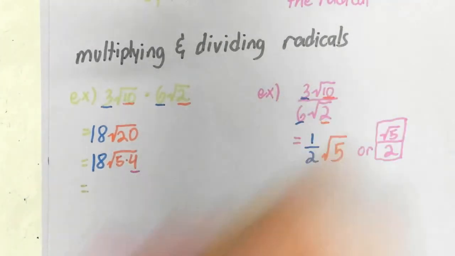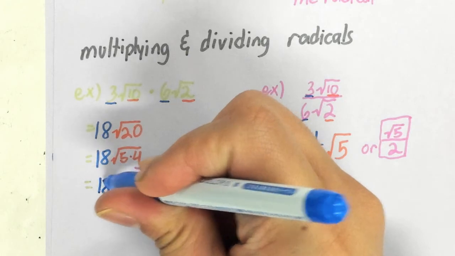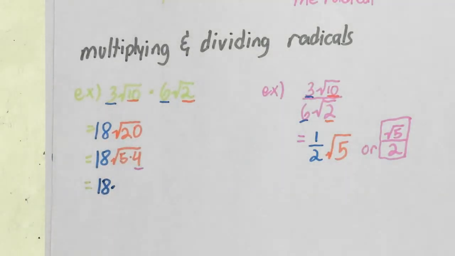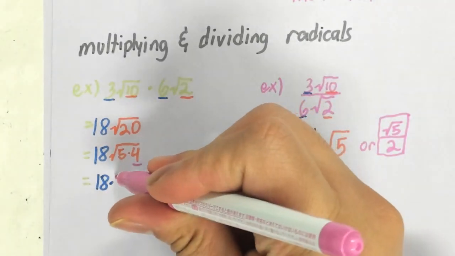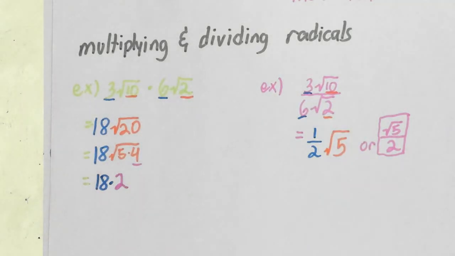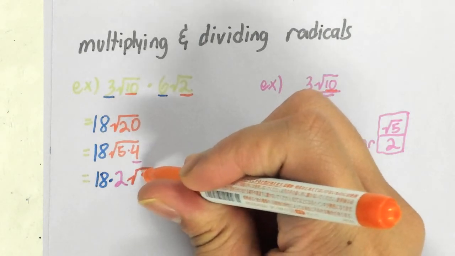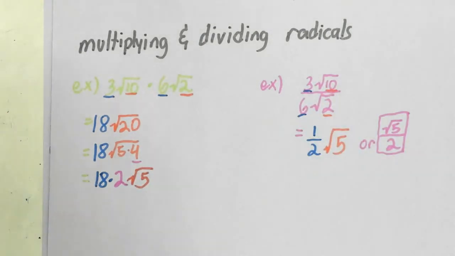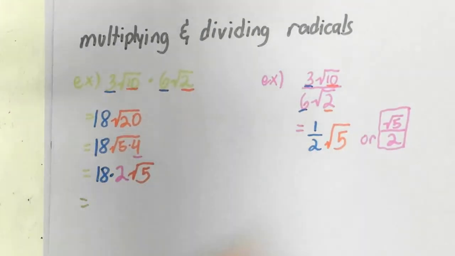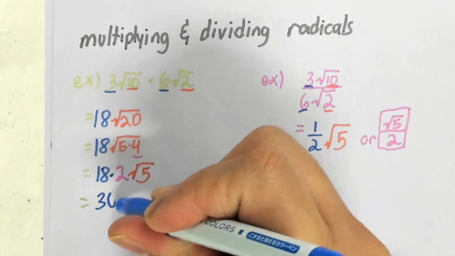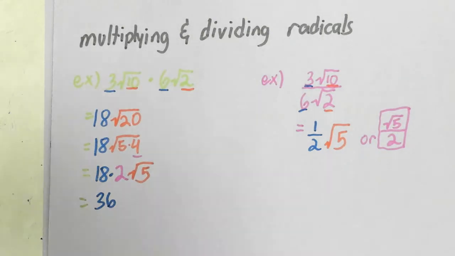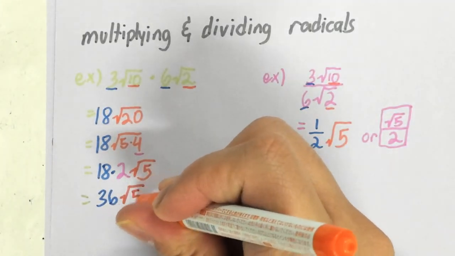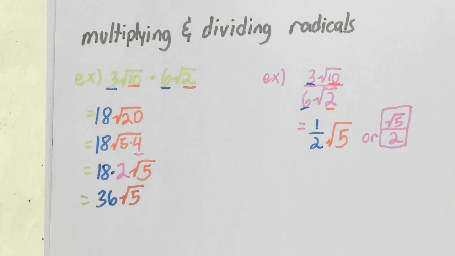We can take the square root of that 4 and make it come out. So on the outside, the 18 is still there, and now it's multiplied by that square root of 4, which is 2. And square root of 5 is still inside. So finally, 18 times 2 gets me 36. 36 square root 5. That's my final answer.